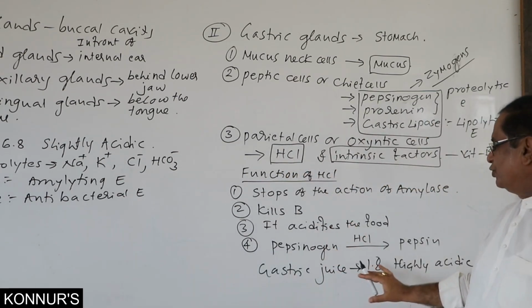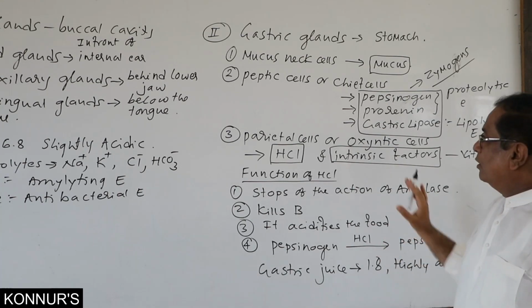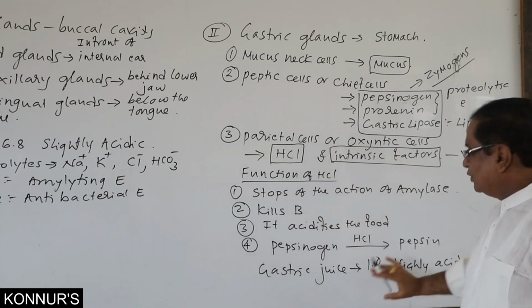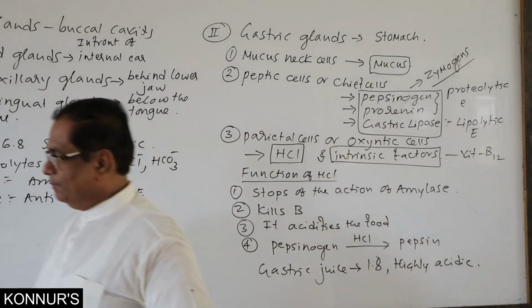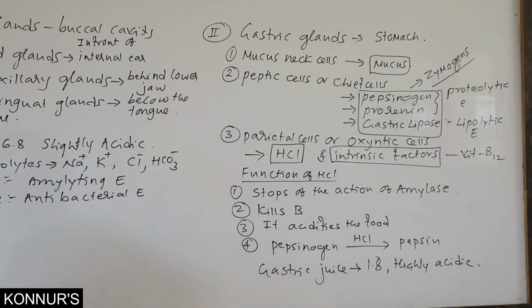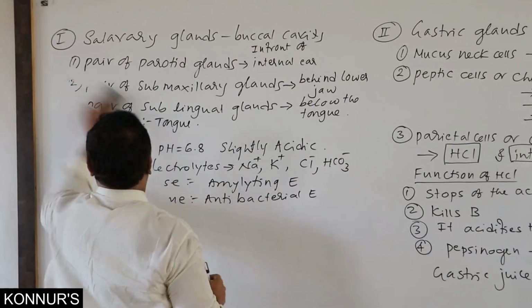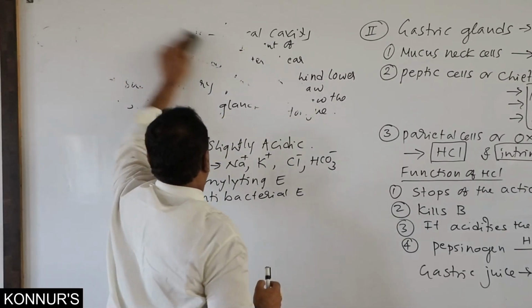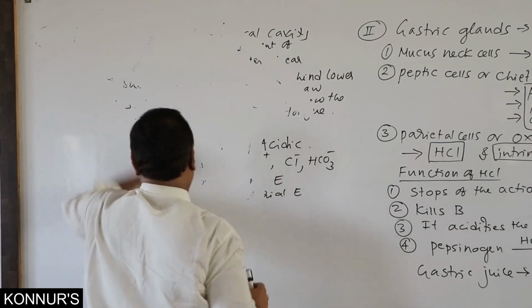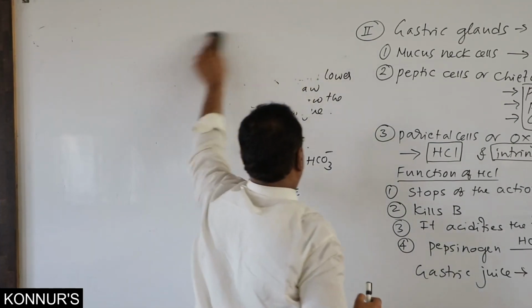That is the composition of gastric juice. This gastric juice is produced by the cells in the stomach. Here, to know about the nature, because many NEET questions can be raised concerned to this.